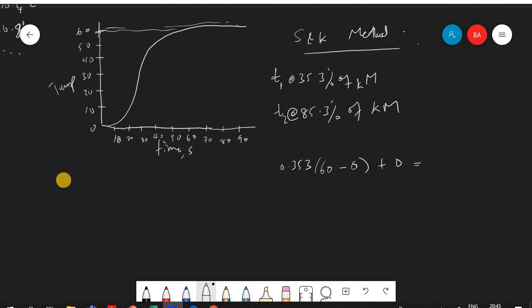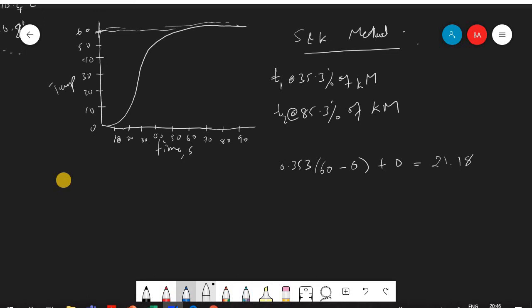So multiplying 0.353 by 60, that will be 21.18. Now this is not T, and this is the common mistake that we have.